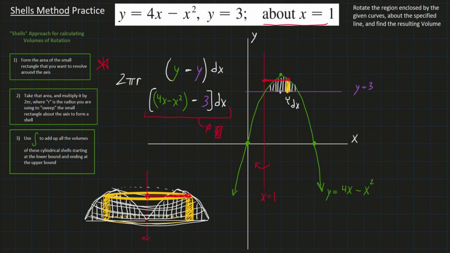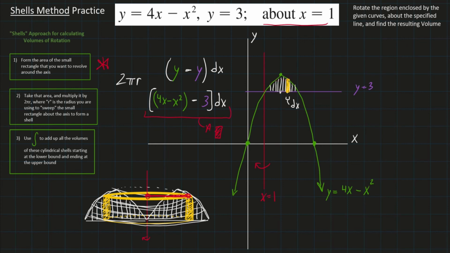So how do we form that red radius there? Just like when those washer and disc method problems got kind of tricky, we had to bring that subtraction or addition together to make those radii. Exact same thing here. So hopefully you all are comfortable with that technique.